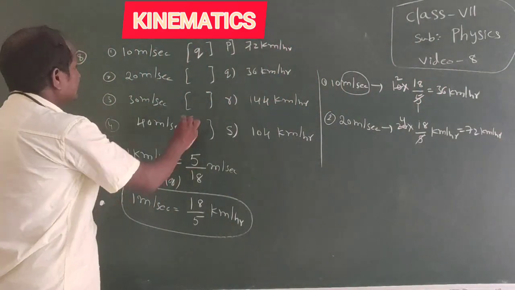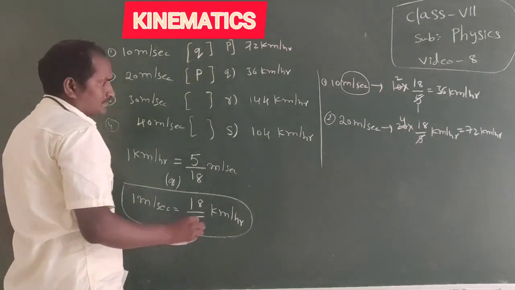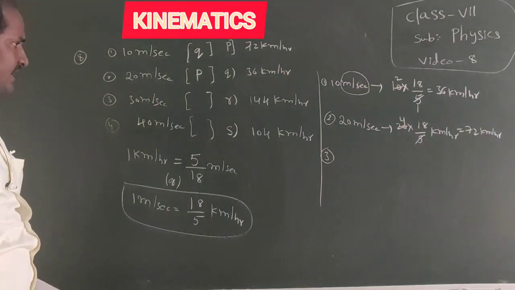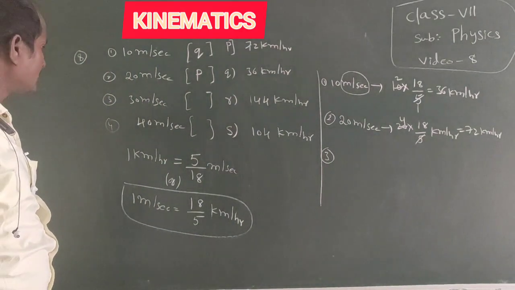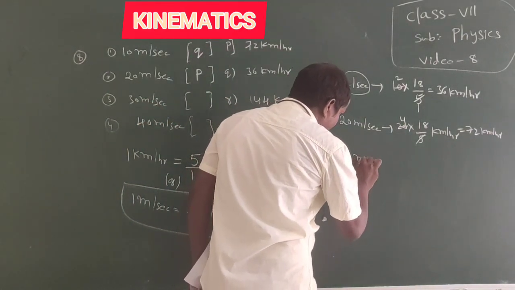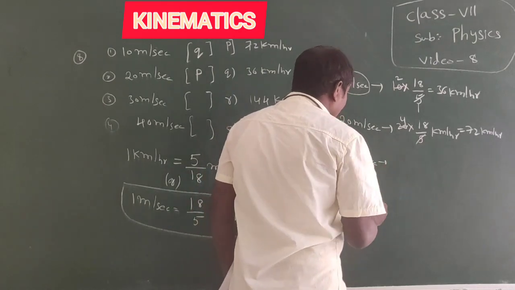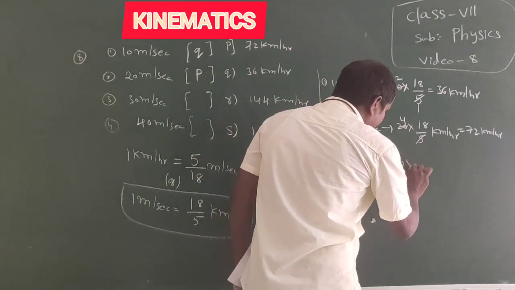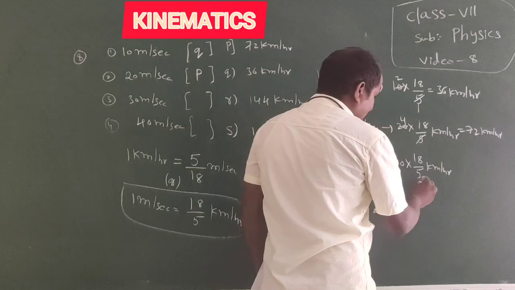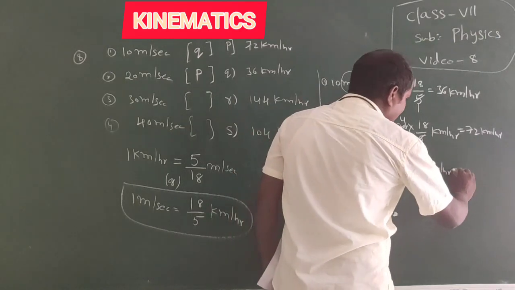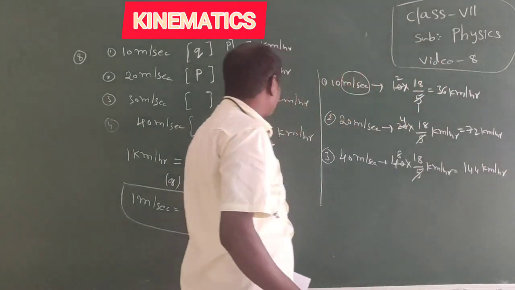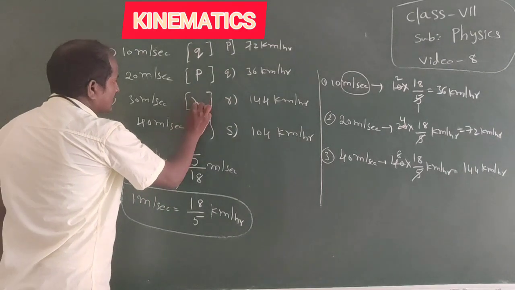It is P. Next, 40 meter per second converts into kilometer per hour. That is 40 into 18 by 5 kilometer per hour, that is equal to 144 kilometer per hour. That is R.